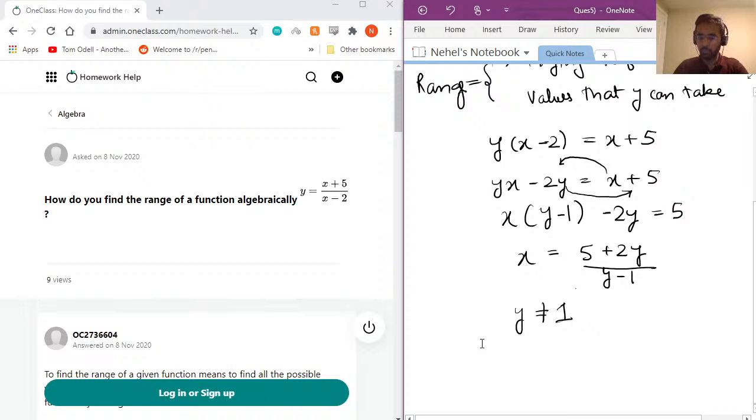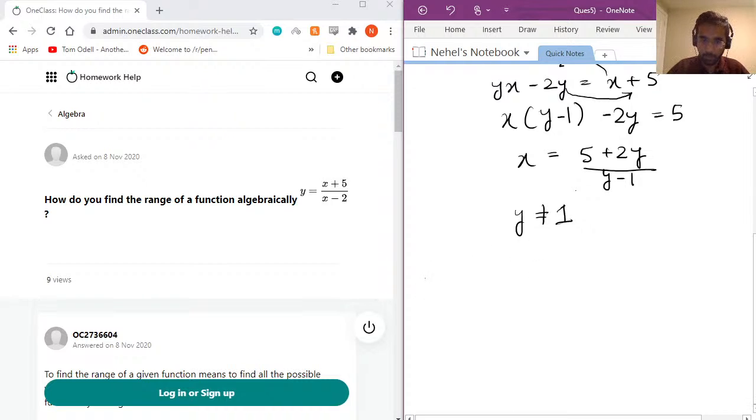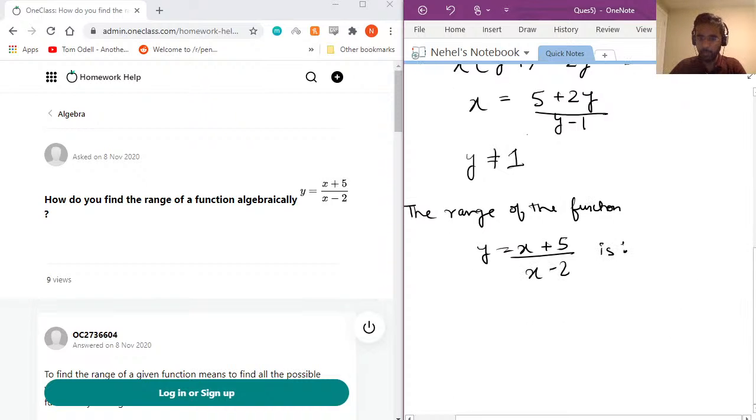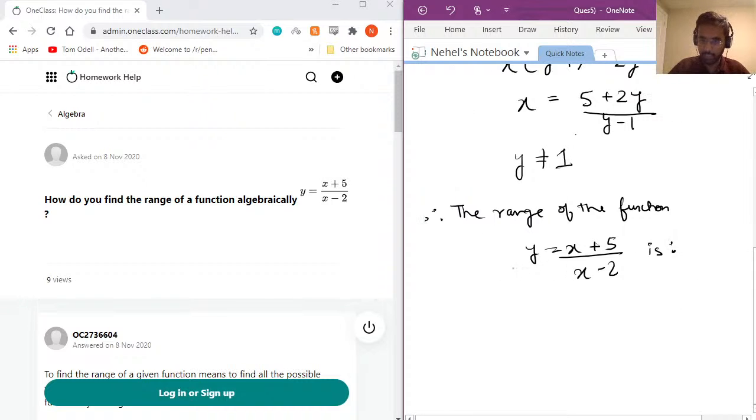Okay, so therefore the range of the function y equals x plus 5 over x minus 2 is, and we have to be a bit careful with the notation here.